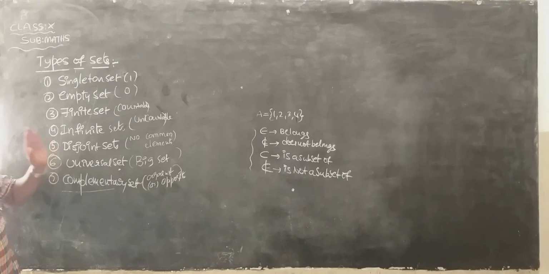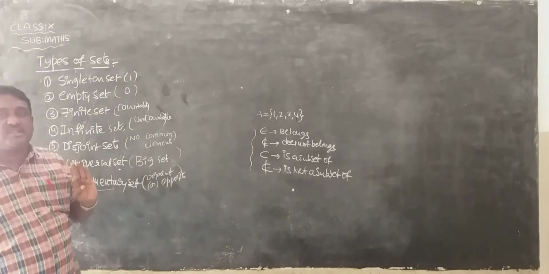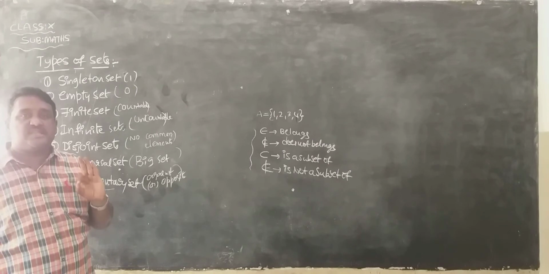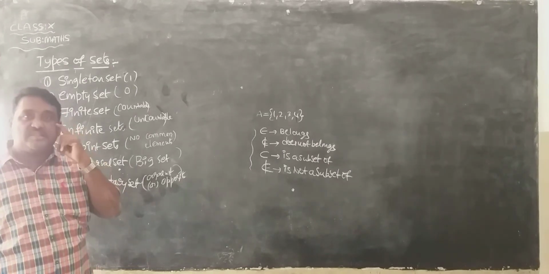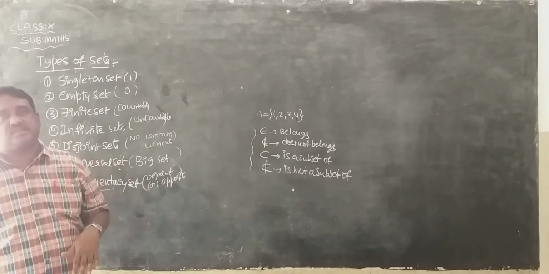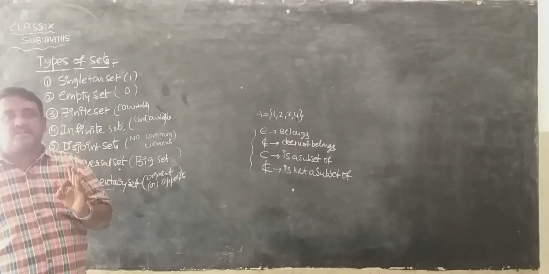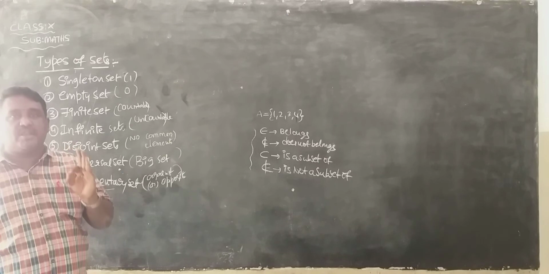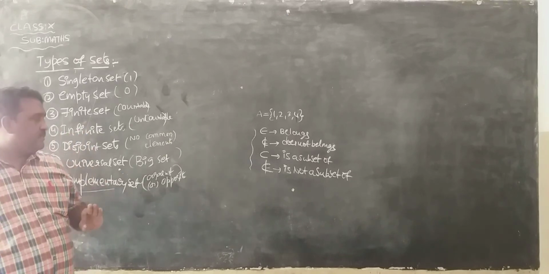Disjoint sets means no common elements. Universal set, it is the big set. There is no bigger one than the universal set. Universal set consists of all the sets. Whatever set you are writing, everyone is there in the universal set.